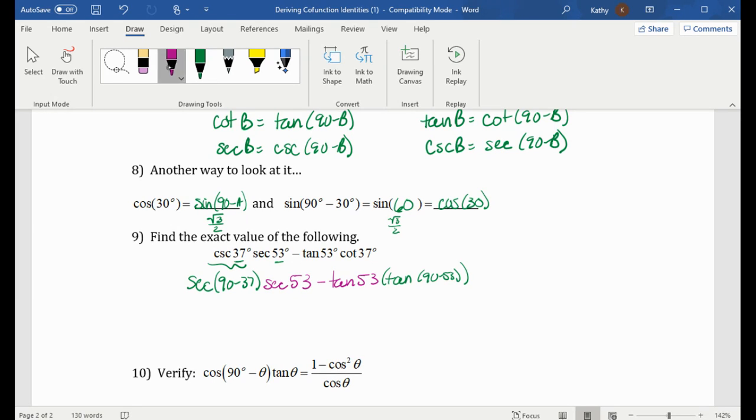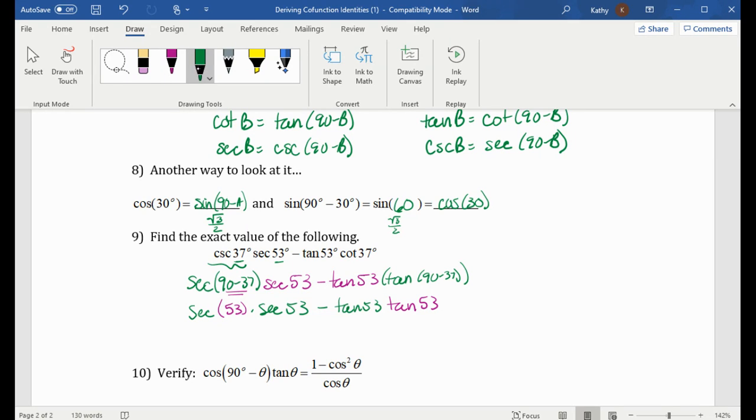What is the value of 90 minus 37? That's 53. So now we have secant of 53 times the secant of 53 minus tangent 37 times tangent 53. I wrote this wrong, this is 37.